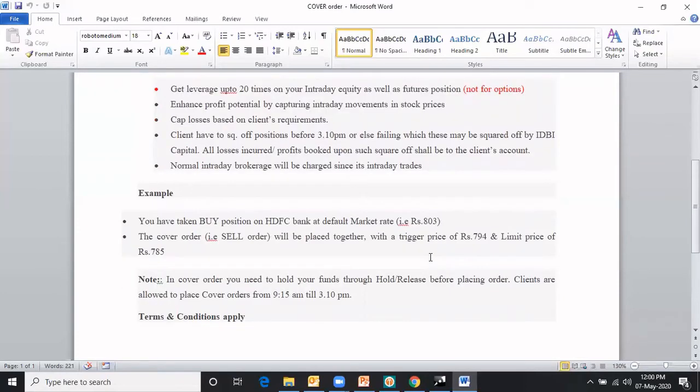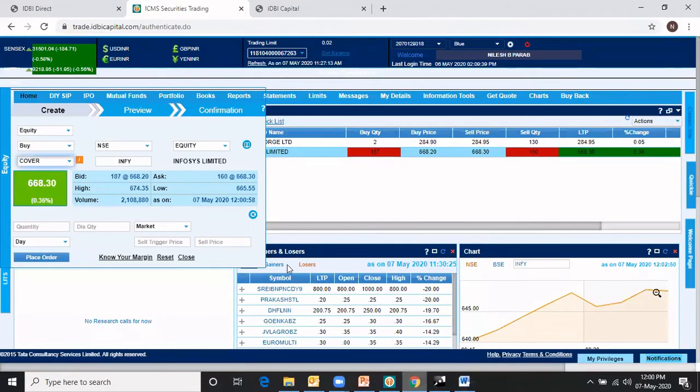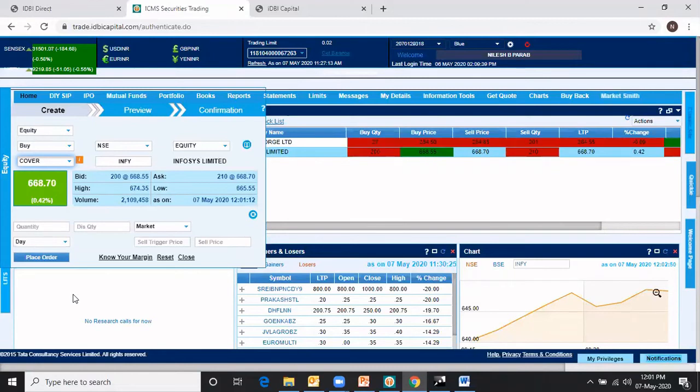Those who are aggressive traders and want high leverage on particular stocks for intraday can utilize this product. Normally, we don't recommend this for novice people because it requires huge skill to trade aggressively with a cover order, because as I told you, the stop loss is defined at the time of buying initially.